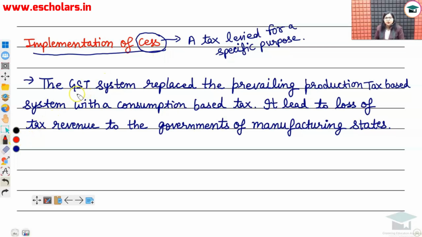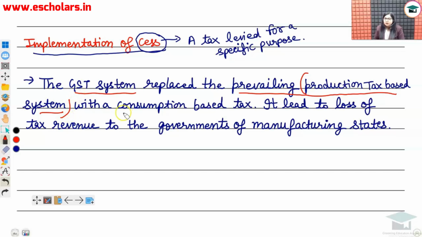So students, with the origin of the GST system in India, the prevailing production based tax system came to an end, right? And what is basically a production based tax system? That is, the state in which the production of goods and services is done, the tax will be levied over it, and the revenue out of that will go to the government of the state in which the production has been done.